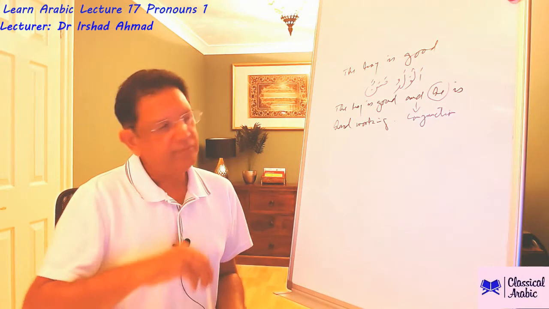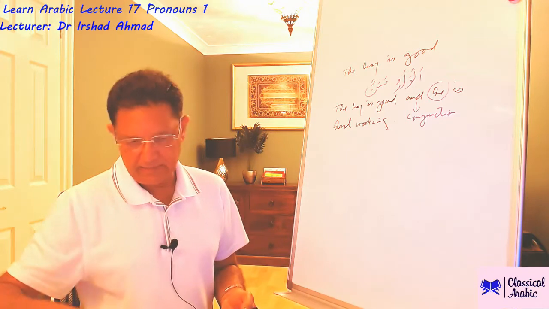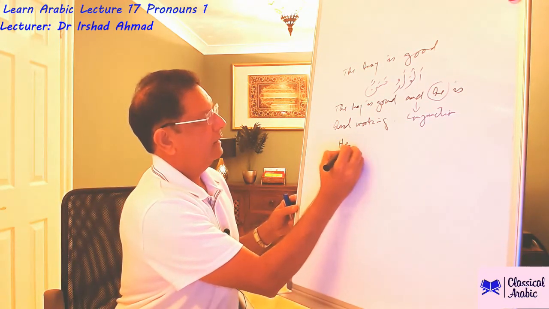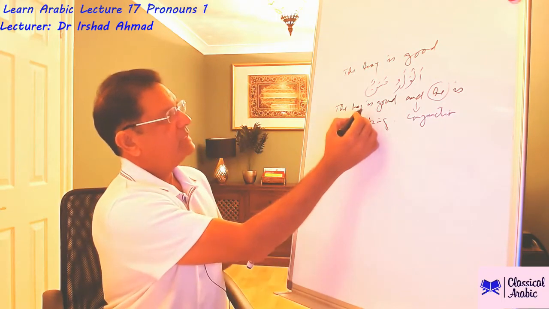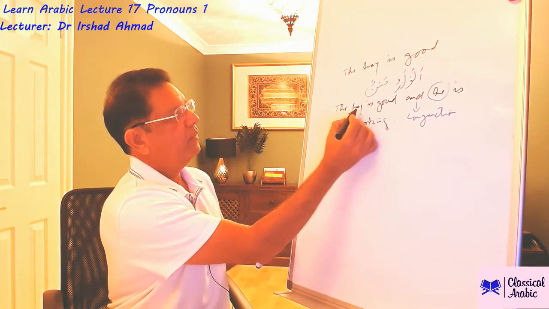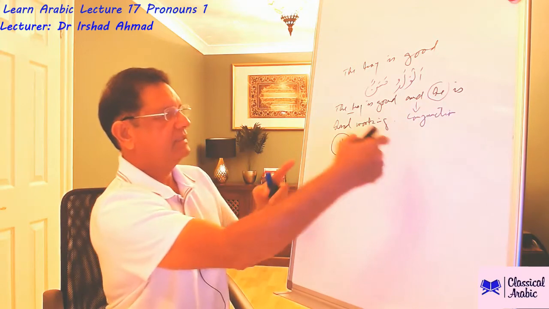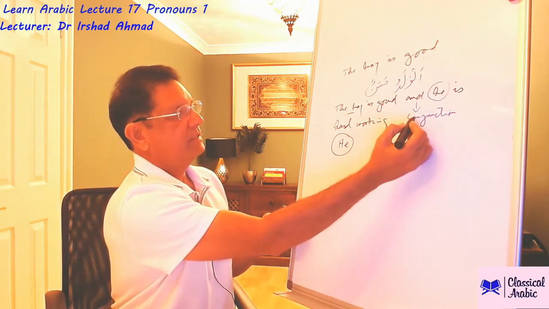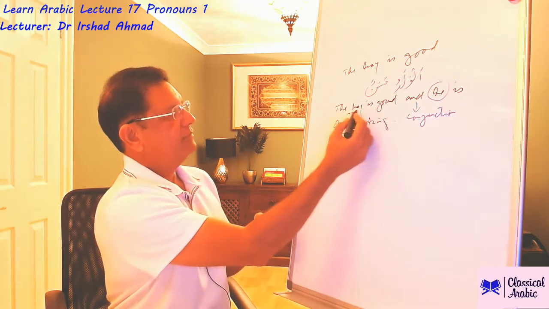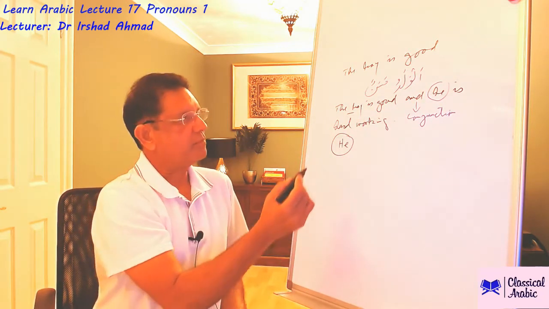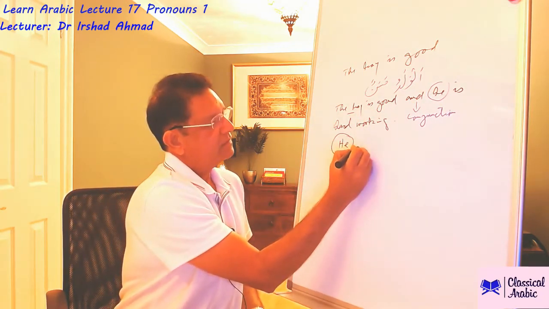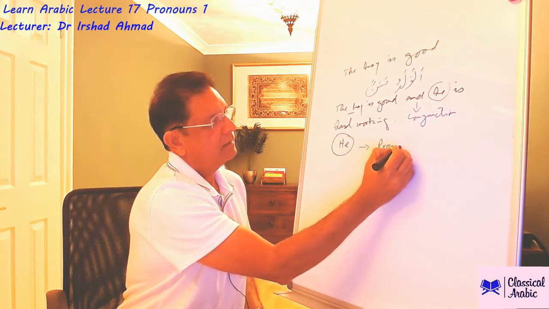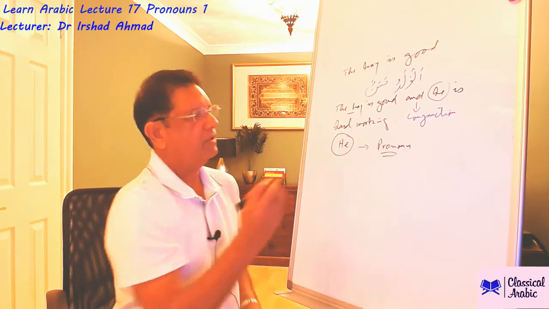So what is this he? He has replaced boy in this sentence, which is actually a combination of two sentences combined together with this conjunction. So he has replaced the boy. So this he is a pronoun.